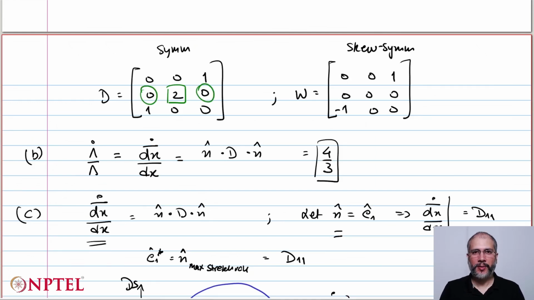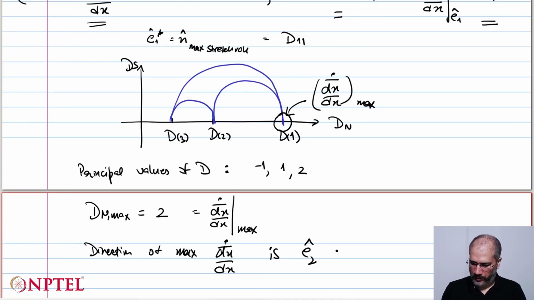So this is one of the eigenvalues, as we have noticed, and the direction associated with this value D2 is simply the E2 direction. The direction associated with the maximum value for the rate of stretch per unit stretch is E2 hat.